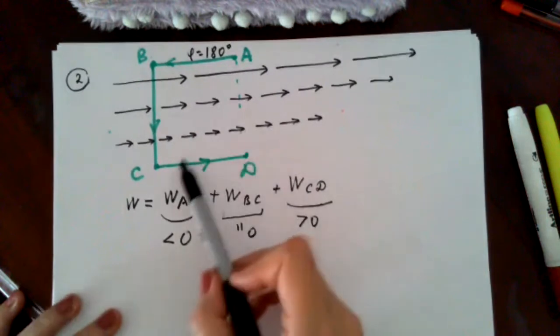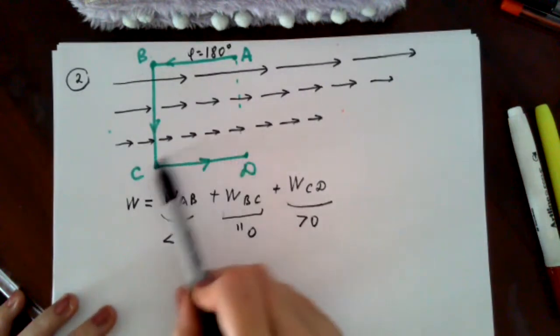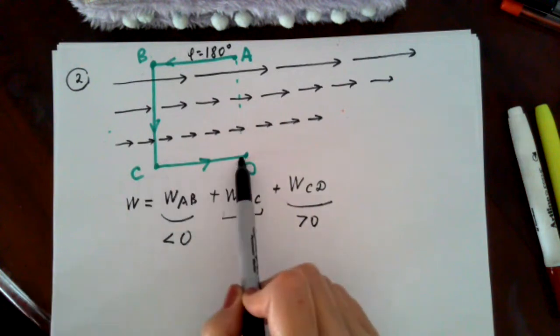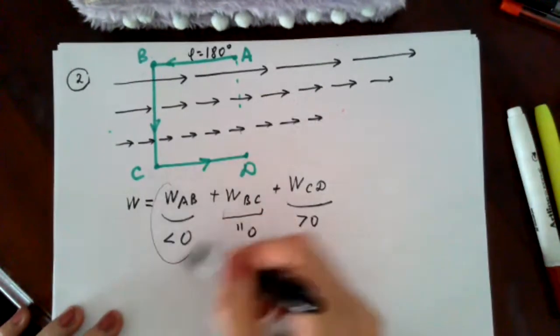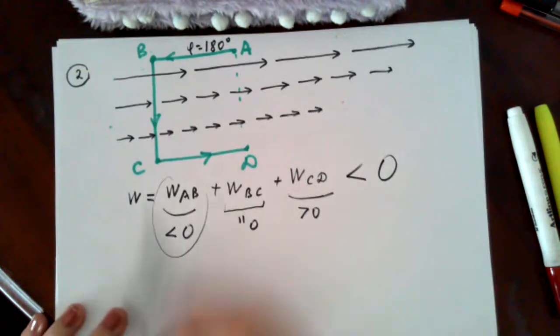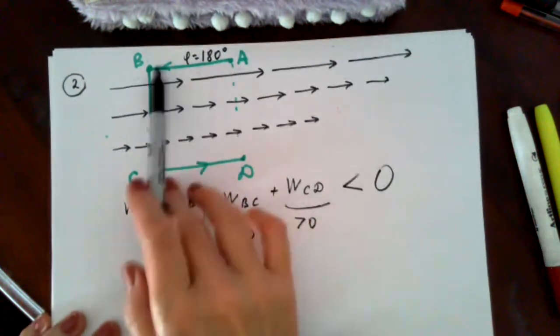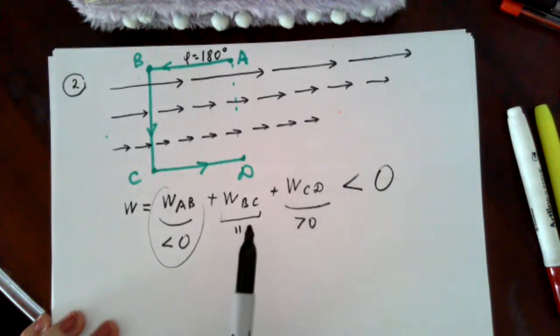So the work done along the last section will be smaller in absolute value than this work. So this term will win. So the overall result will be negative. Our work done along this strange contour, or this strange path, turned out to be negative.